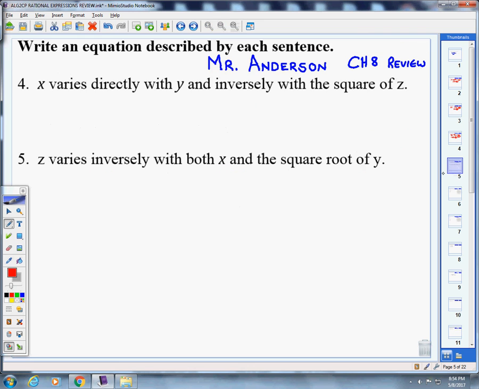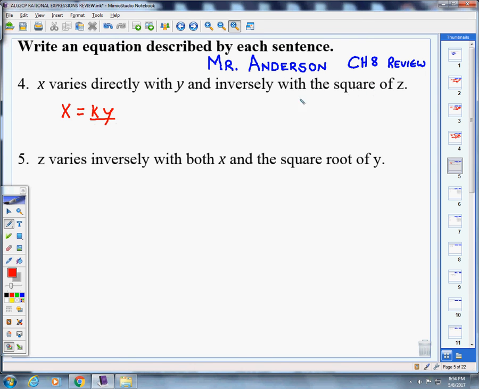Okay, let's go on to 4 and 5. Write an equation described by each sentence. X varies directly with y and inversely with the square of z. All right, so x varies directly with y. So again, we have some constant, and it varies directly with y, so that's going to be in the numerator. There's that direct relationship between x and y.